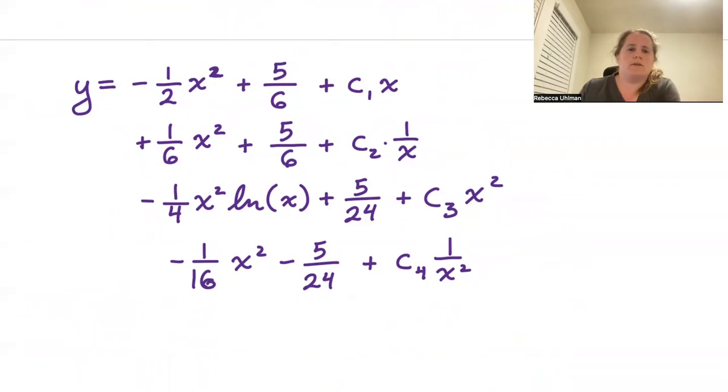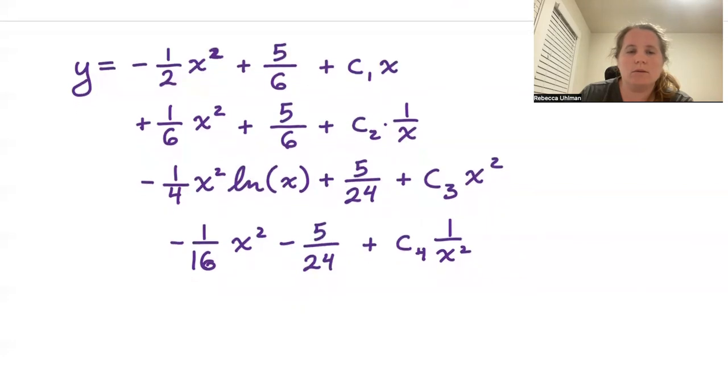The natural log was a little surprising to me. I was not necessarily expecting that, but let's see what happens. Since we did have x and x squared were homogeneous solutions, that does complicate things a little.